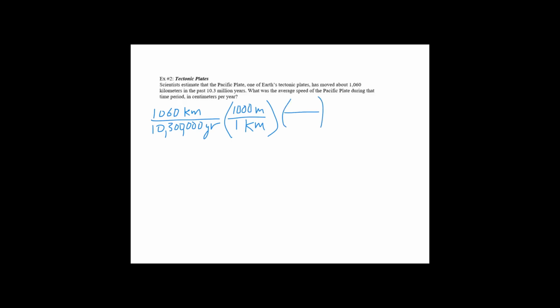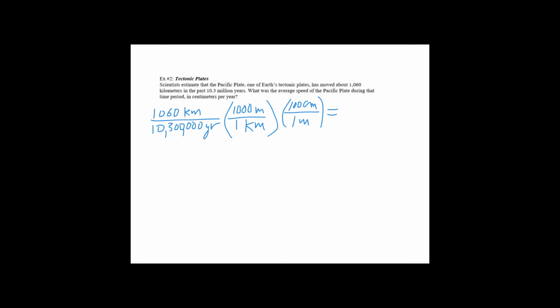If I look at a meter stick, I know that there's 100 centimeters in a meter. I want the meters on the bottom so that they're going to cancel. And I want centimeters on the top because that's what I want in my answer, and then I fill in the numbers. Then on a calculator, I multiply the numbers that are on the top and divide by the numbers that are on the bottom.